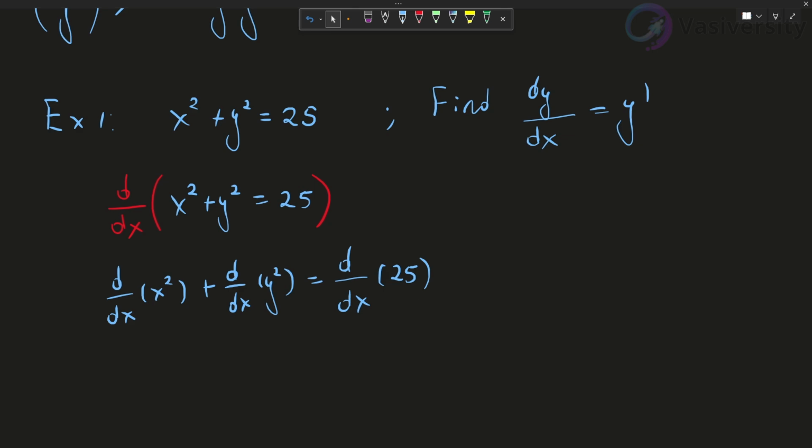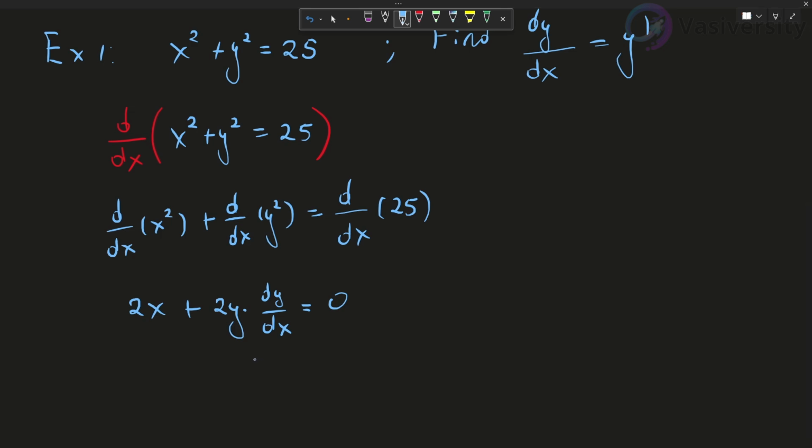The derivative of x squared by using the power rule is going to be 2x, plus by using the chain rule, 2y times dy dx, is equal to the derivative of the constant, which is 0. So this is our equation here.